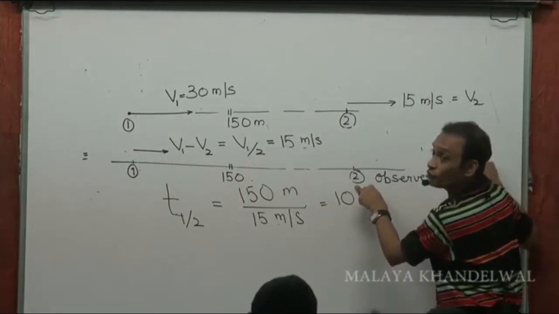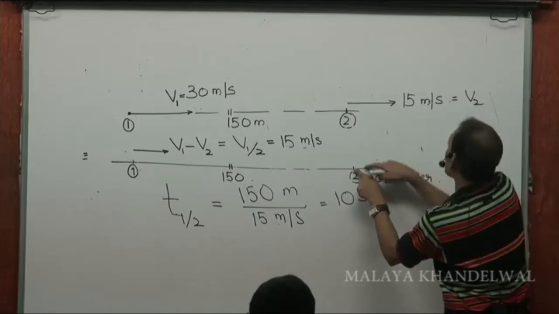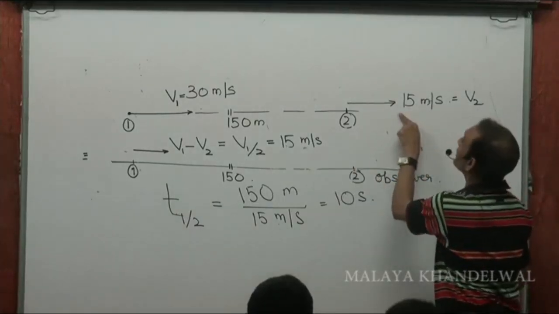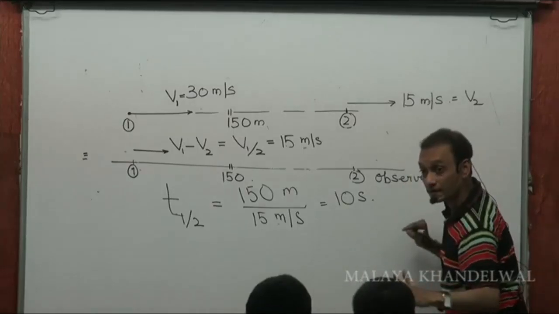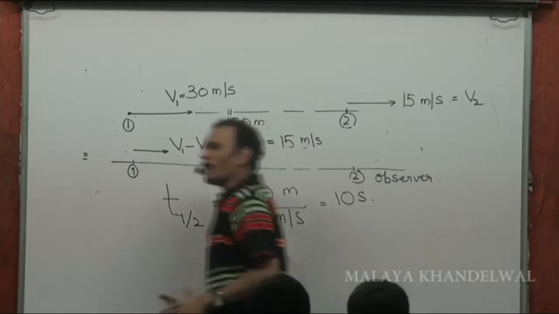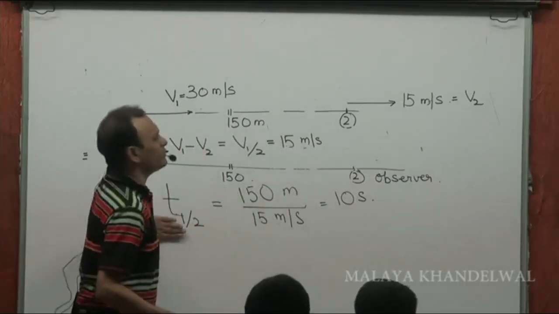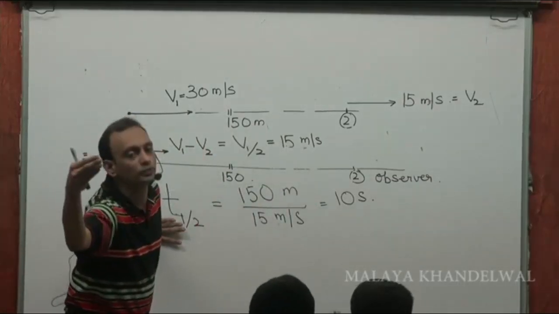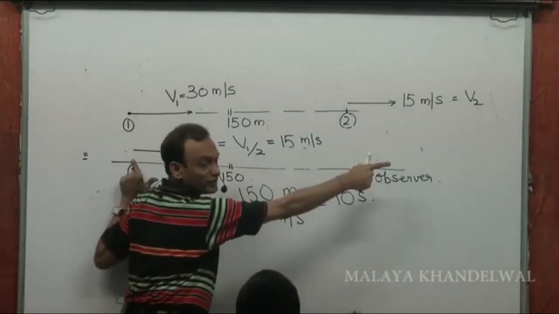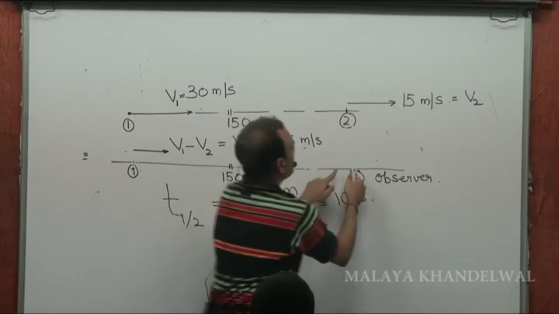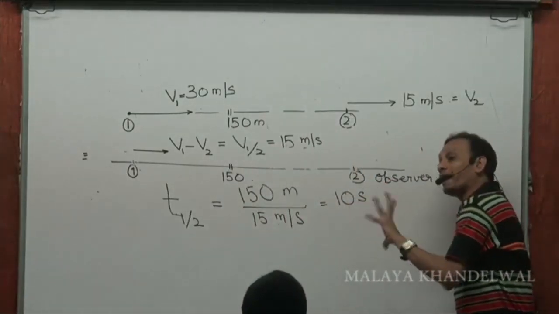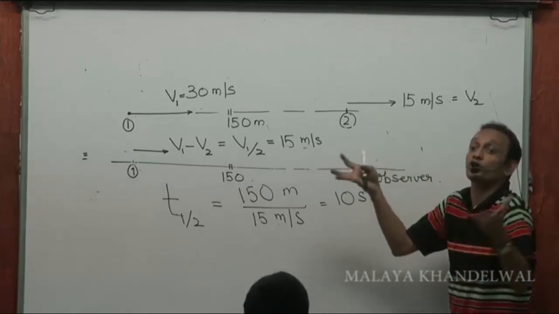So the actual position of 2, 10 seconds later, is 150 meters away from this position, because it was moving with a velocity of 15 meters per second. Yes or no? Right? So now it's another story. You could use this time to subsequently obtain the actual positions of 1 and 2. So 10 seconds later, 1 would have been 300 meters from here, and 2 would have been 150 meters from here, if you want to deal with their absolute or actual positions.